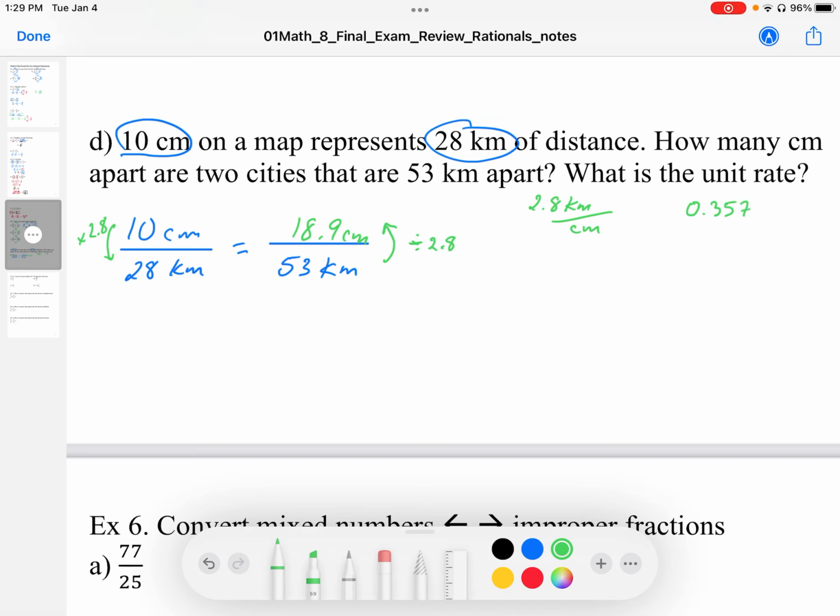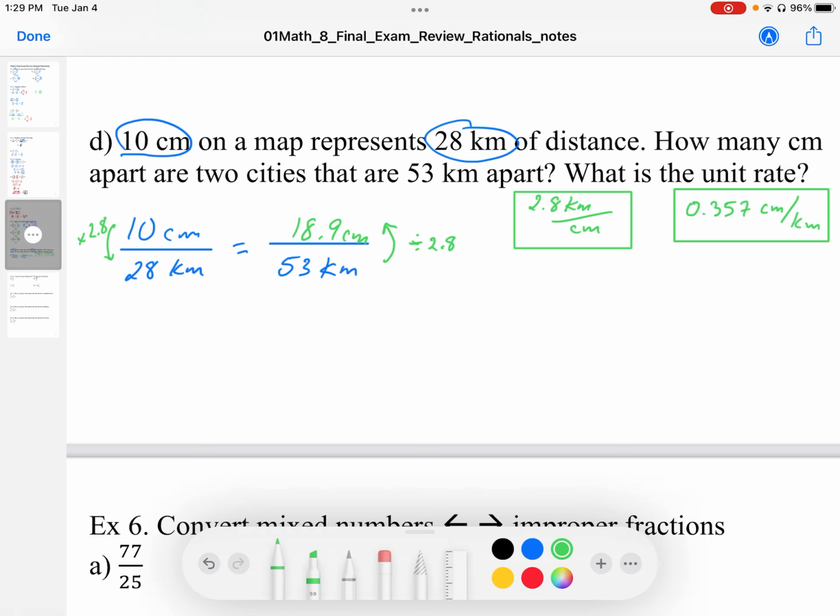It is a continuing decimal, but we're just going to round it. It's centimeters of map distance for every kilometer of real distance. So this is how we can find unit rates. We just divide. The unit rates also happen to be the multipliers in our equivalent fractions. But specifically, they're the multipliers going up and down, not left and right.